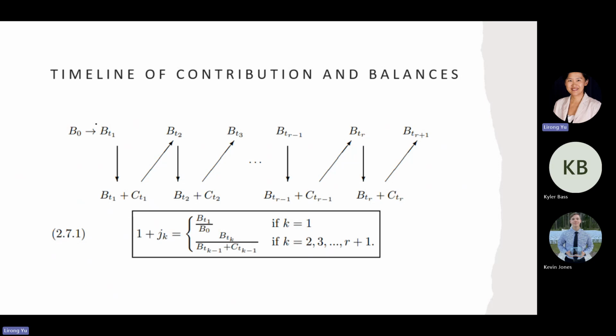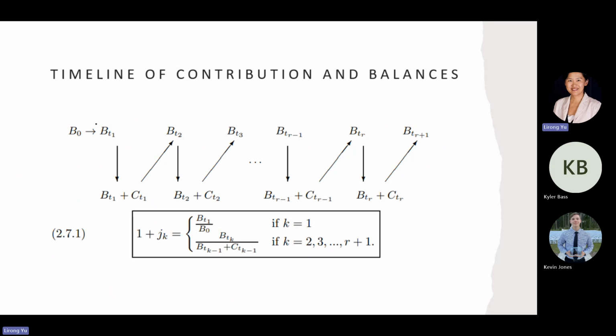So then the growth factor, which is 1 plus JK, is in the bottom block of this equation. For the first time period, from time 0 to time T1, there's no deposit yet because T1 was supposed to be the first deposit happening. So BT1 over B0 is entirely caused by the growth of the accumulation function itself.